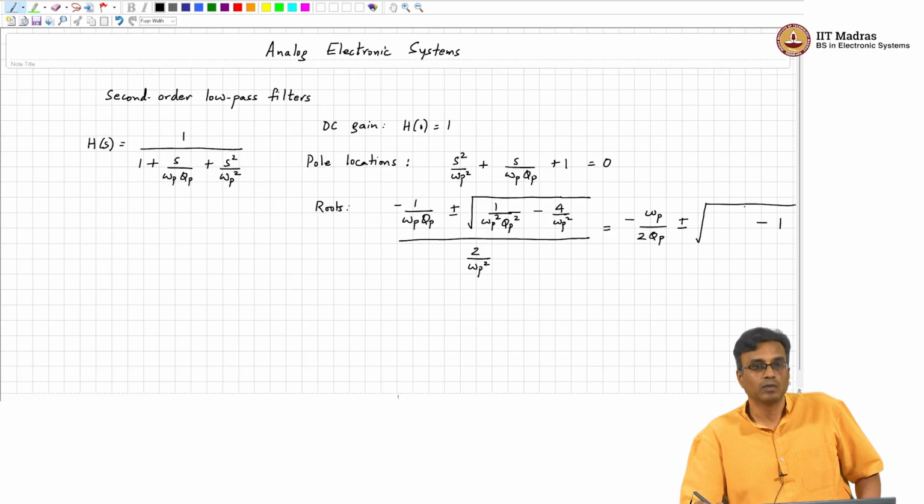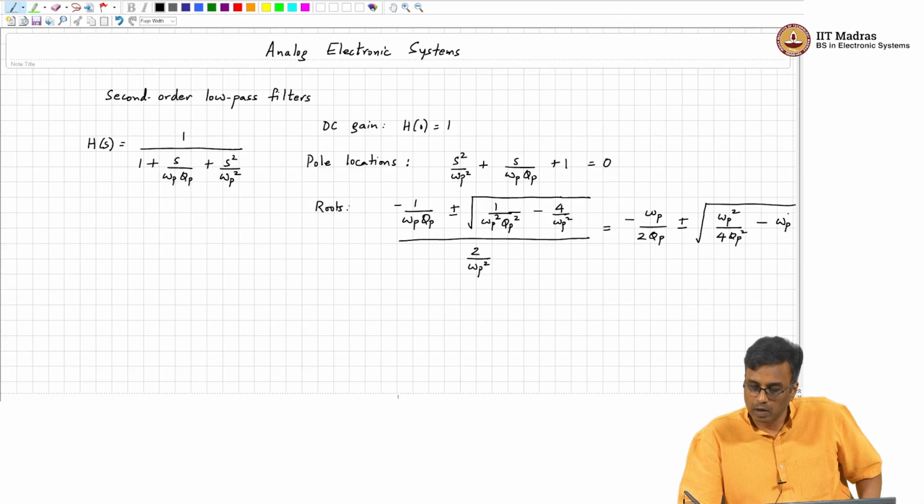Yes. What is the first term? Yeah, please work it out and tell me. Omega p squared over 4 Q p squared minus omega p squared.